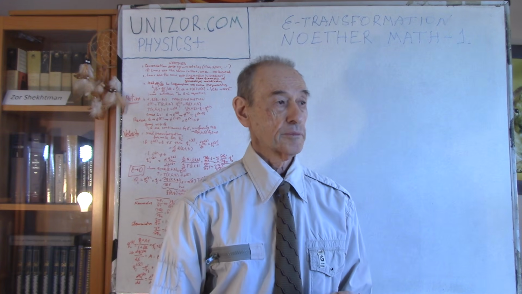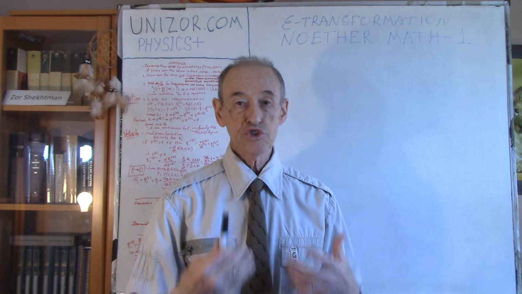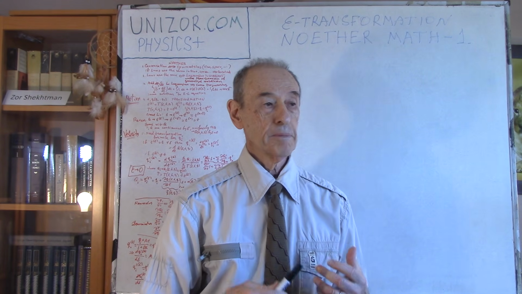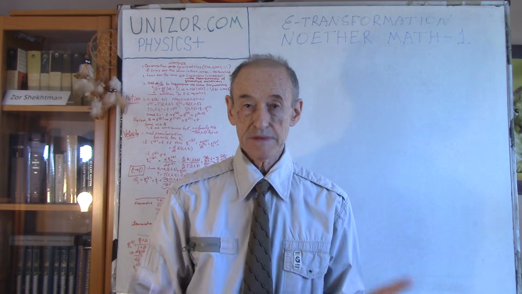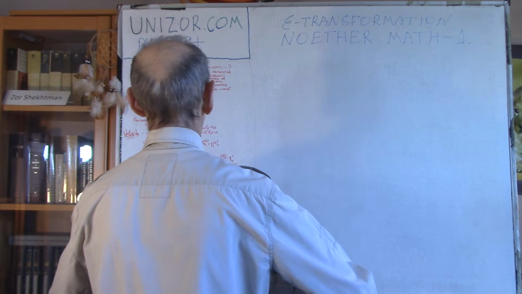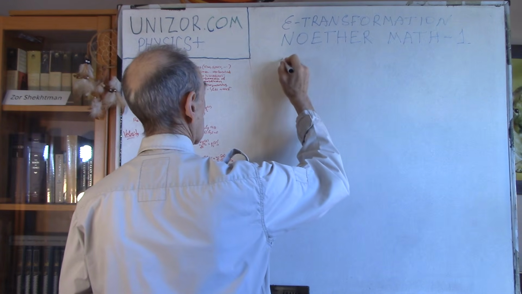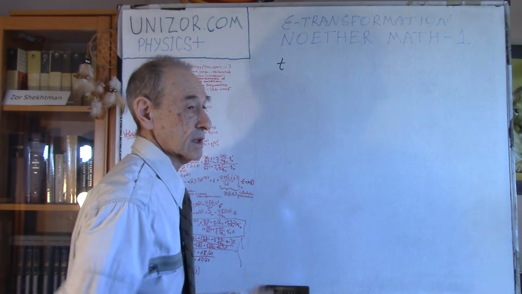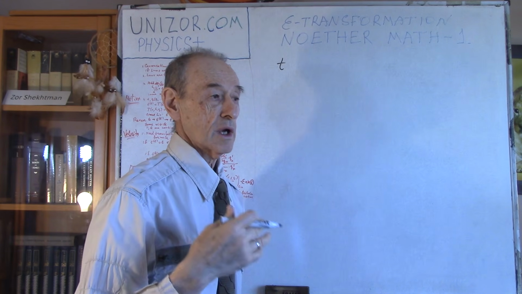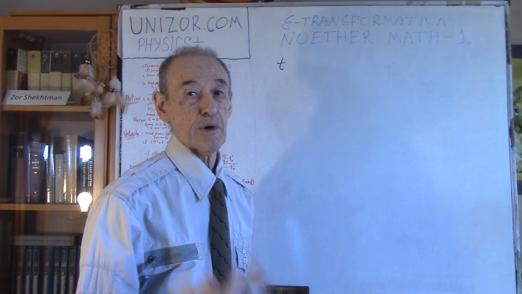Okay, so motion is changing all these coordinates and times. How can it be mathematically represented? And here is how. This is our time. Time is changing, right? So the change can be characterized by some parameter.